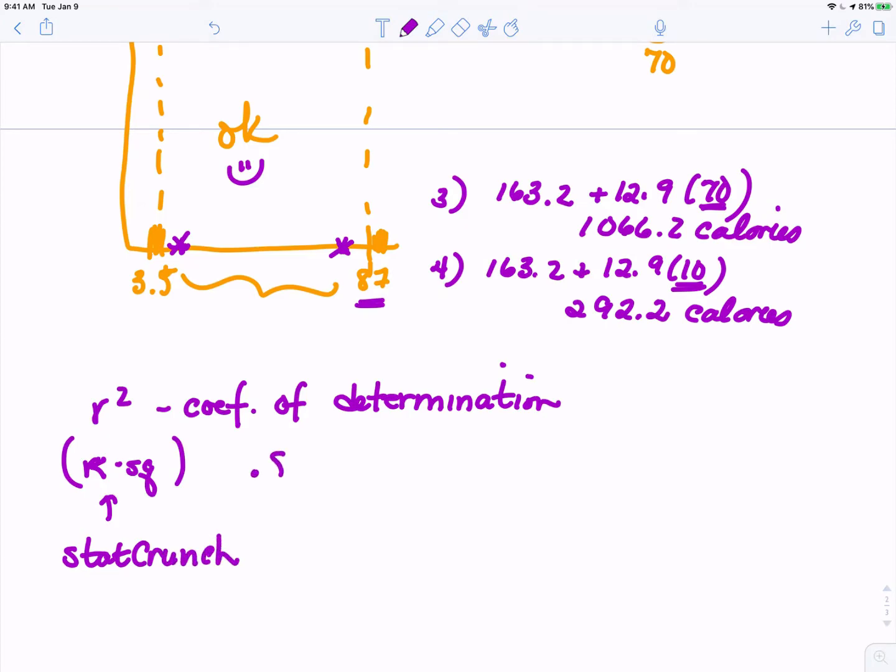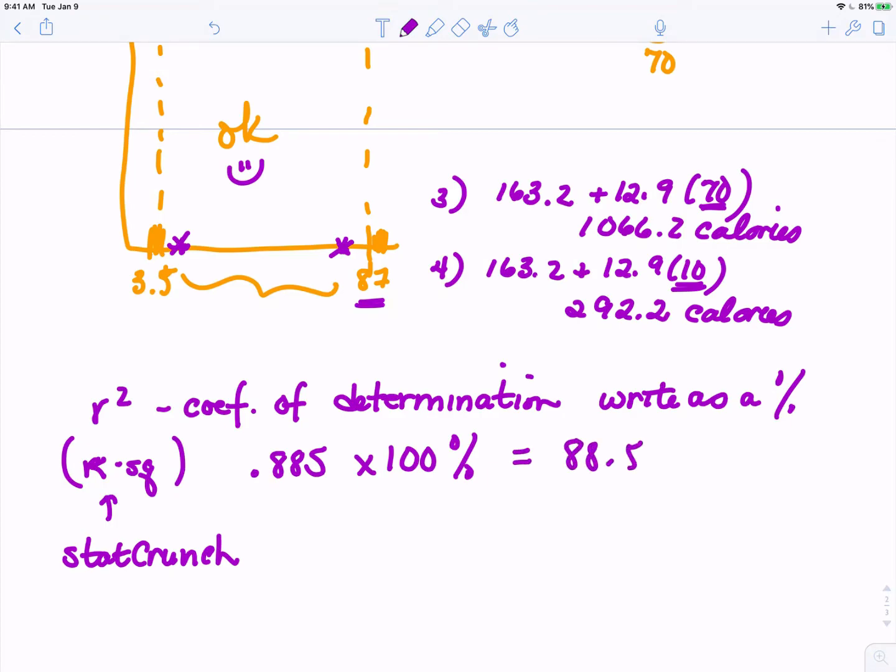It was 0.885, and we usually write it as a percent because it helps us interpret it. So if we take 0.885 and multiply it by 100%, we get 88.5%. What this means is it's the percent of variation in y that can be explained by x. So if we think about our variables, here this is fat, and this is calories.